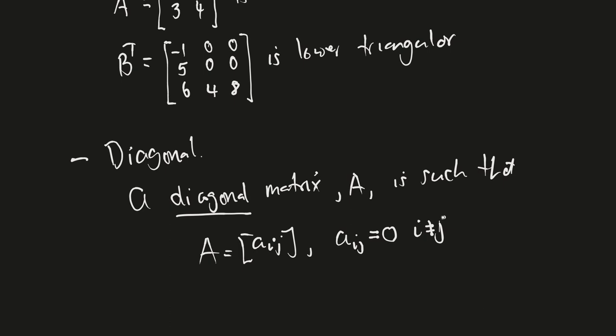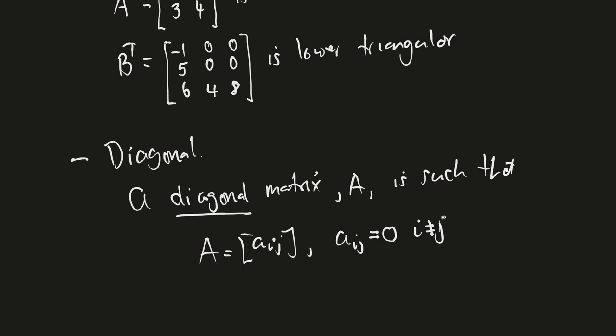So if you think about what that is saying, right? In the upper triangular matrix, the definition stated that i had to be greater than j. In the lower triangular matrix, the definition says that i would have to be less than j.